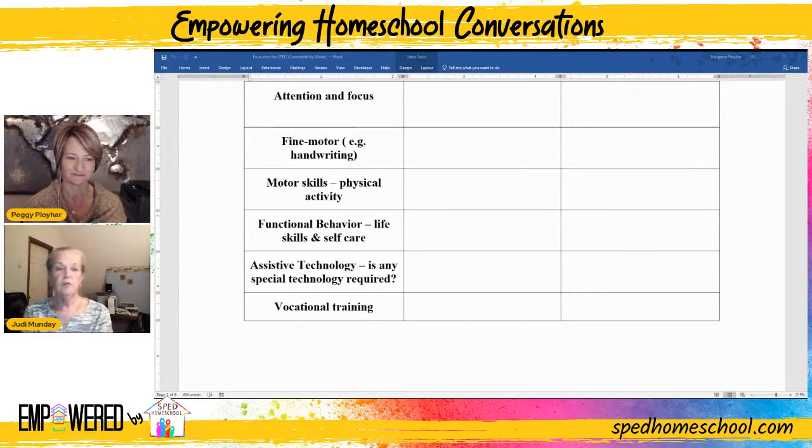But I would be keeping track of how she's doing and whether you think the IEP has some goals that are worth transitioning over to your homeschool SEP. There's no really fixed version of it. It depends on what you think is working for you.